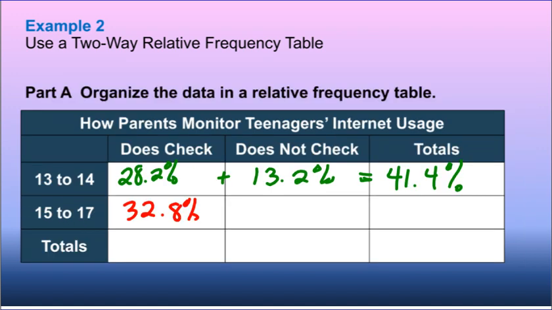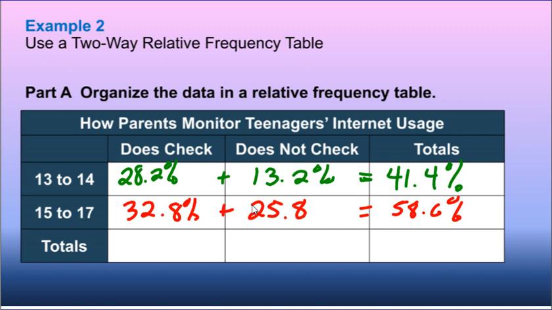That gives us 25.8, because I'm rounding to the nearest tenth. It gives us 0.2575, and that 5 tells us we need to bump that up. To save some time, I'm just going to add these two percentages. So 32.8 plus 25.8 gives us 58.6%. And then the totals I just add straight down.